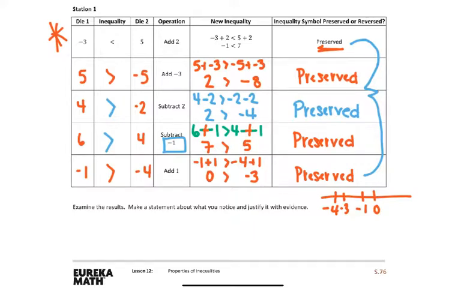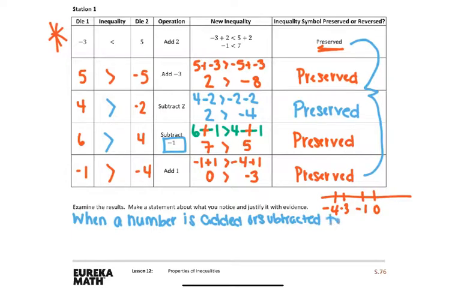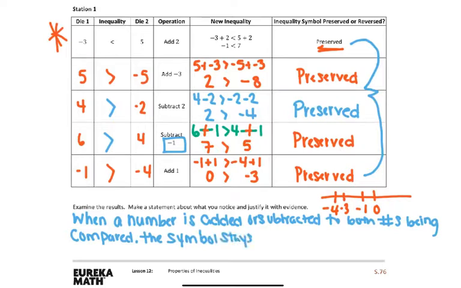So I want to write that out so that we make sure that we understand. So when a number is added or subtracted to both numbers being compared, or both numbers in the inequality, the symbol stays the same.